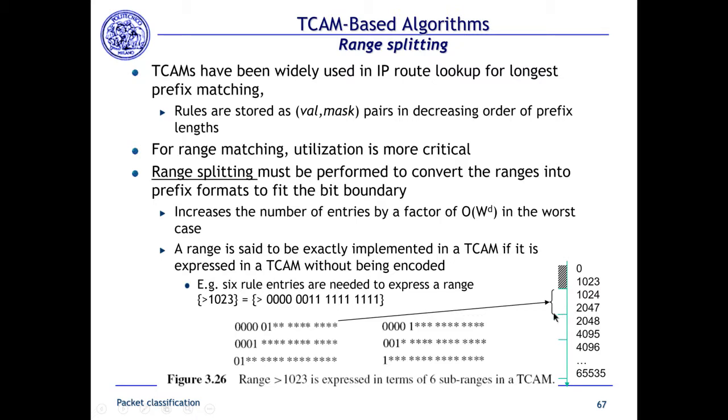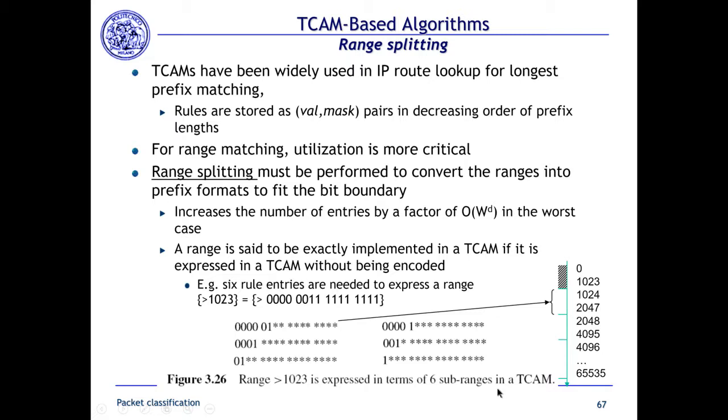But then you have the range between 2048 and 4095, and so on and so forth. So if you want to translate this expression into a prefix-based expression, you can do it in principle, but you generate 6 subranges. Once you have these 6 subranges, each of these 6 subranges should be mapped into an entry in the TCAM.